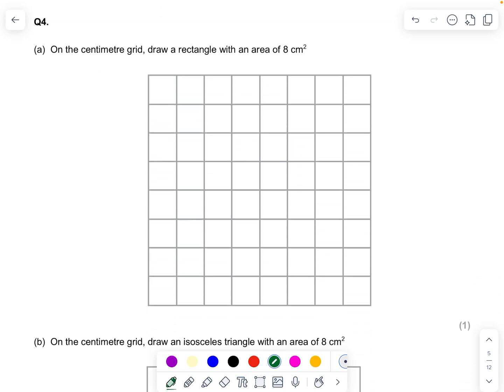On the centimetre grid, draw a rectangle with an area of 8 centimetres squared. So there's lots of different things you could have done. You could have done a 2 by 4. Sorry, I'm not doing this straight. But a 2 by 4 rectangle.